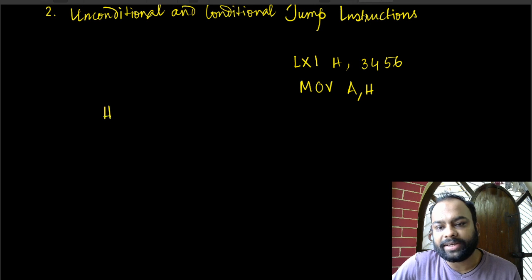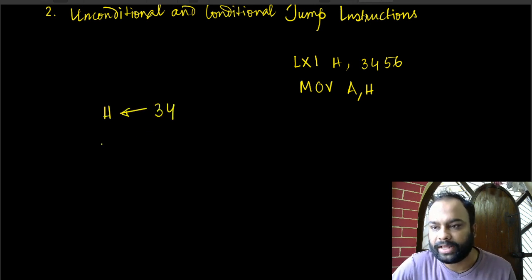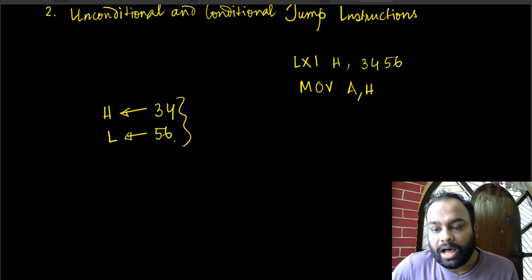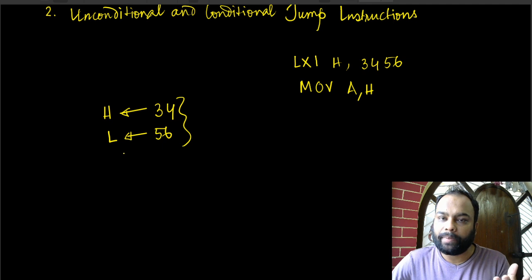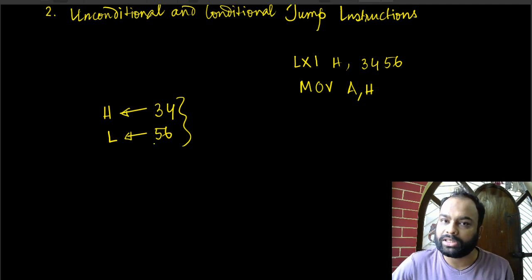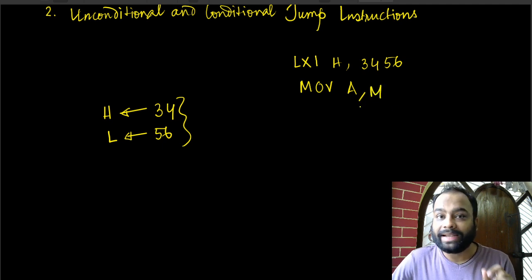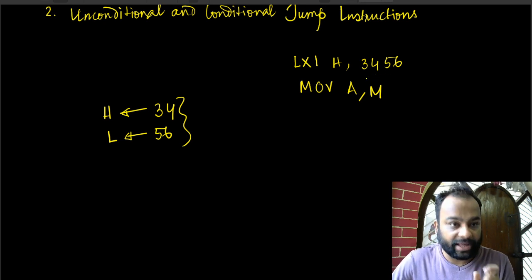So my H register had a value of 34, and the L register had a value of 56. I was using the HL register pair to point to the memory location 3456, so that through the fictitious M register we could bring up the data stored in memory location 3456.